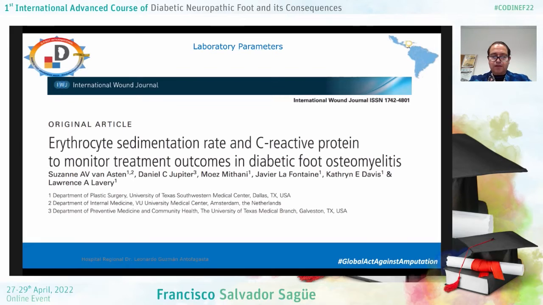To diagnose and monitor osteomyelitis, we rely on laboratory tests such as C-reactive protein and erythrocyte sedimentation rate.